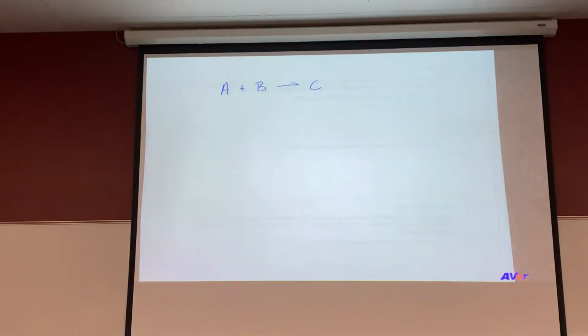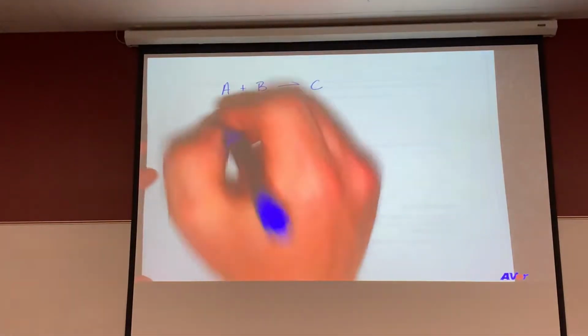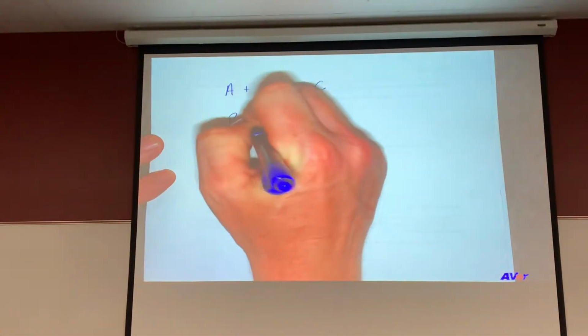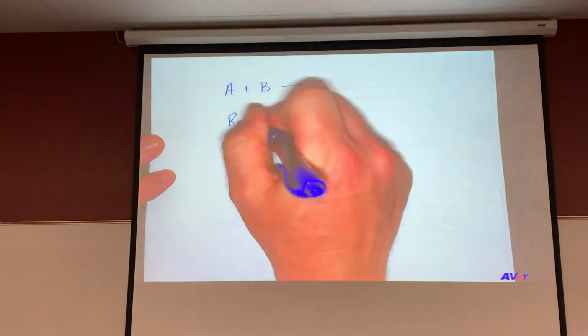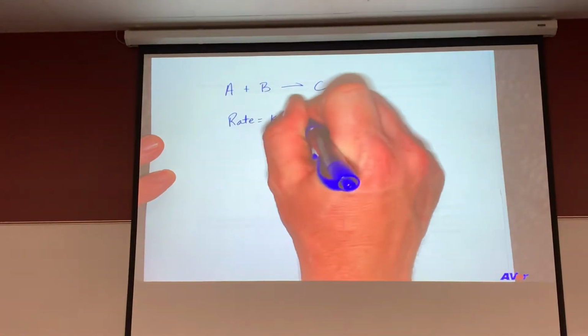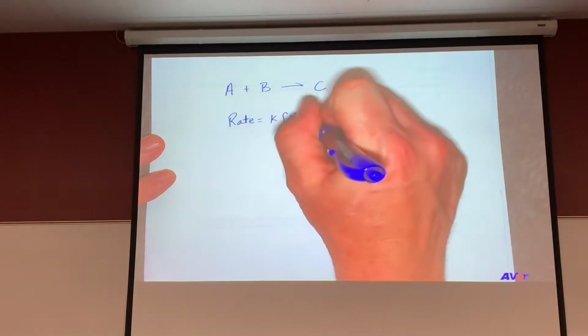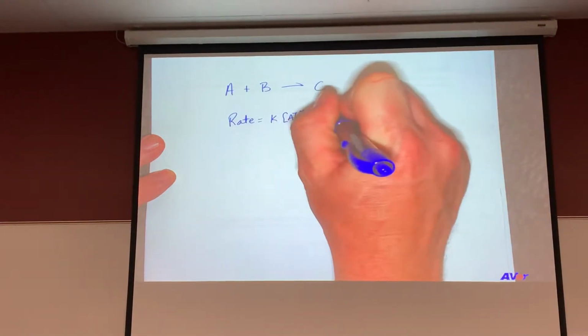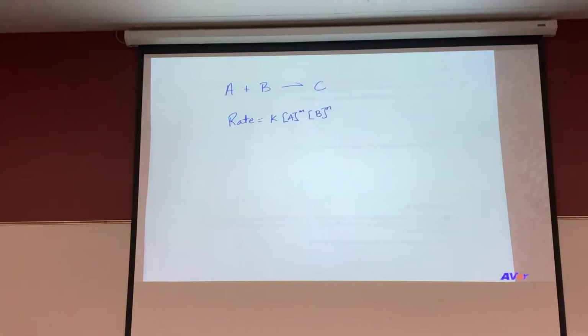A sample reaction looks like that: A plus B goes to C. And it doesn't matter what the reaction is. If you're writing the rate law for this reaction, it's k times the concentration of A raised to some power, times the concentration of B raised to some power.